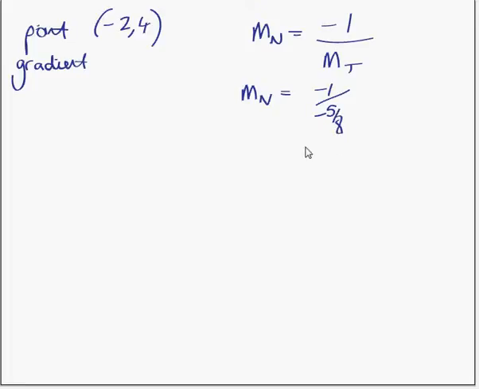Again, we use the point gradient formula. Substituting my point (-2, 4). Again, watch the negative.